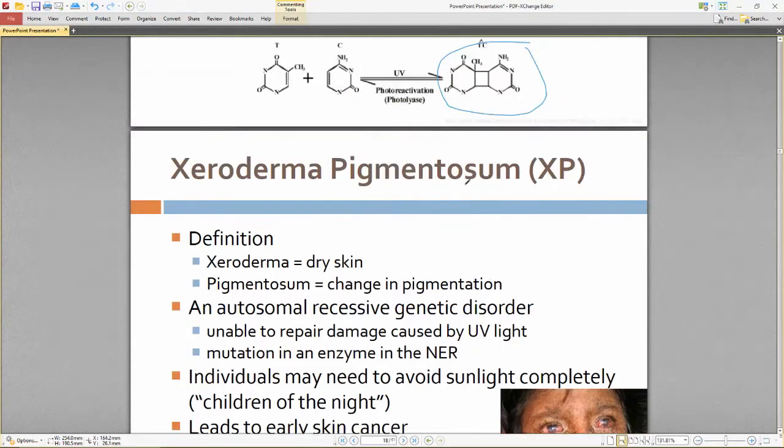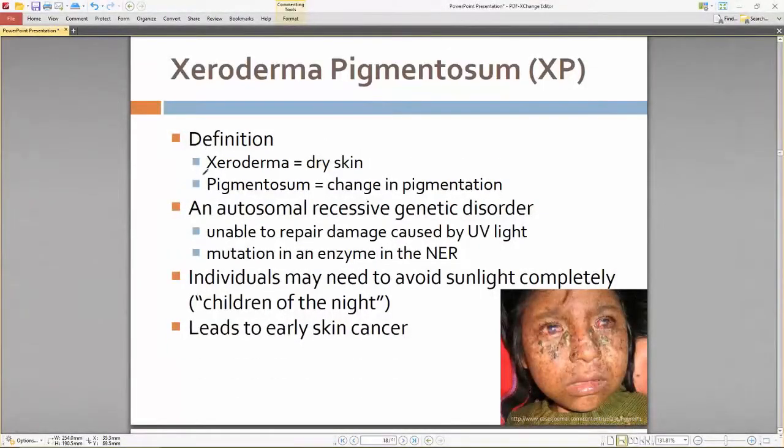This is an example of a disease caused by pyrimidine dimers, but it goes beyond the fact that you have dimers. This disease is characterized by the inability to repair damage caused by UV light, due to a mutation in an enzyme in the NER pathway.